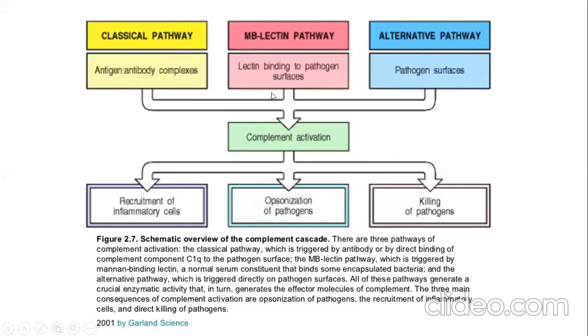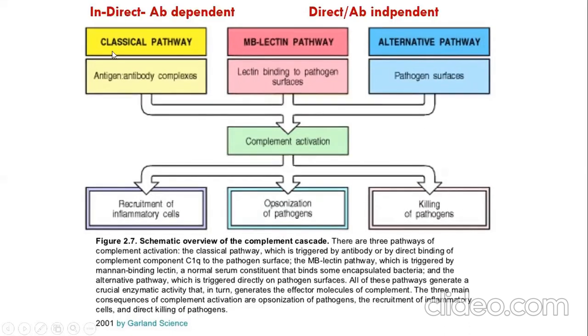But at the end, they go into one of these three steps and they kill the pathogen. Based on the involvement of antibody, the classical pathway is called the indirect pathway. And the other two pathways are called antibody independent or direct pathways, with direct association with the pathogen.